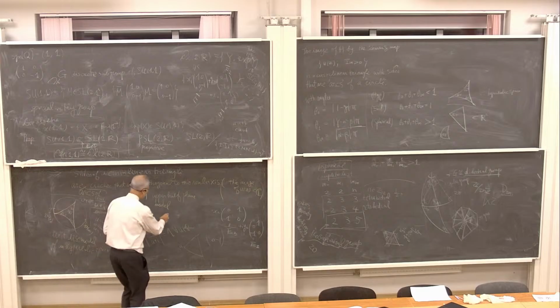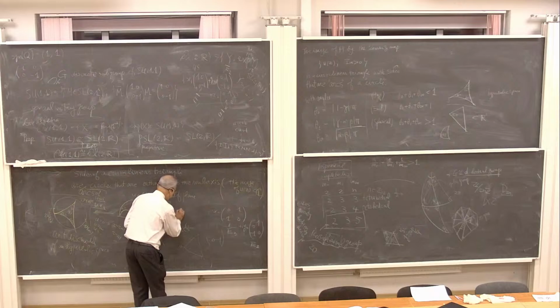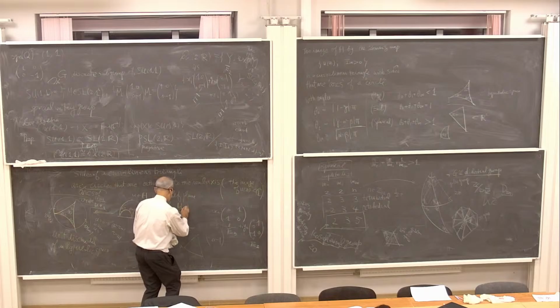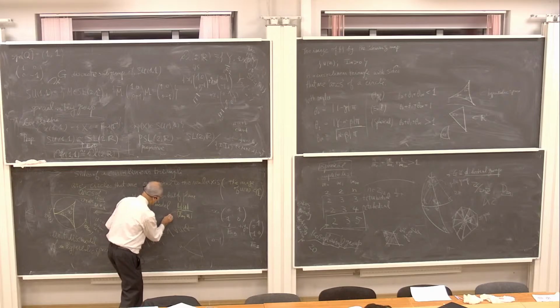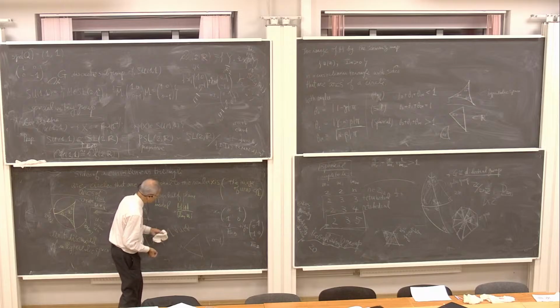So for the upper half plane model, we will have, in fact, the imaginary part of u, du. This is not the metric, that's for measuring geodesics.